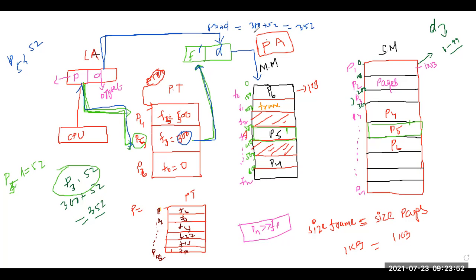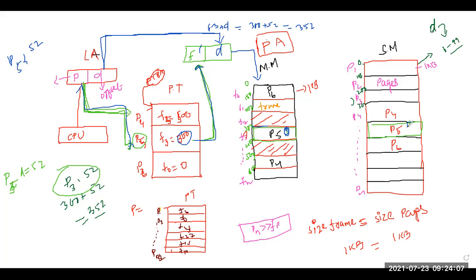So what location will I search? I'm going to search in location 352. 300 is starting from here, and 52 will be somewhere around. This is the particular location we are extracting. Now you can see this is your page 5, this particular location.